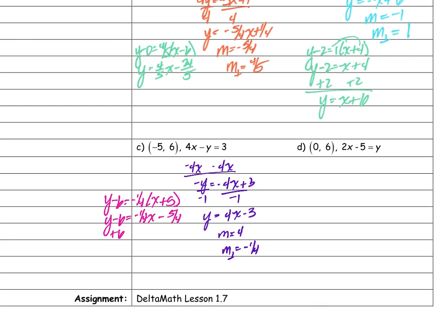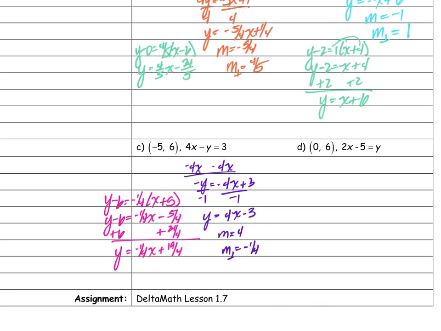I'm going to add 6. So I'm going to add 6 times 4, which is 24. Yes, 24/4. And then I get y equals negative 1/4 x plus 19/4. Nice job.